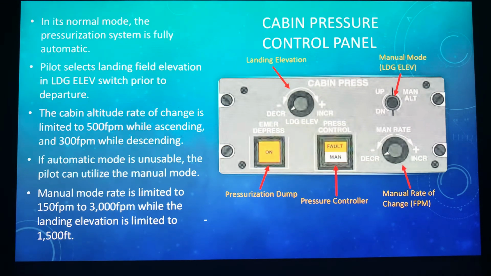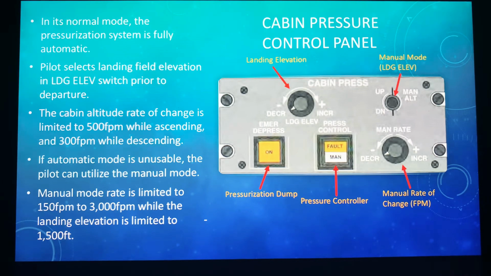Here's our cabin pressure control panel, which again is located in the overhead panel. On the right side here, you can see the switches, buttons, and knobs that we'll be going over in just a moment. In the CRJ-200 pressurization system's normal mode, the system is fully automatic.